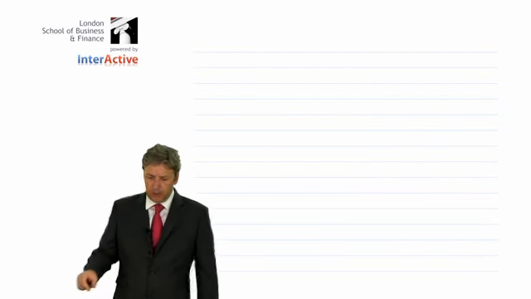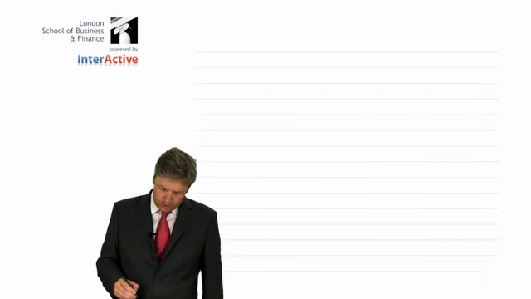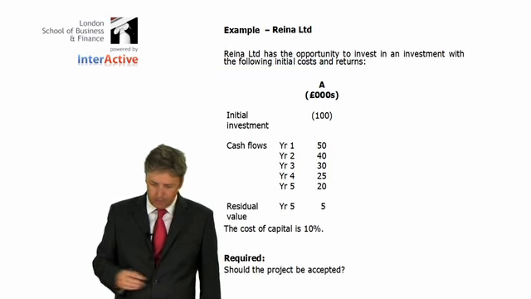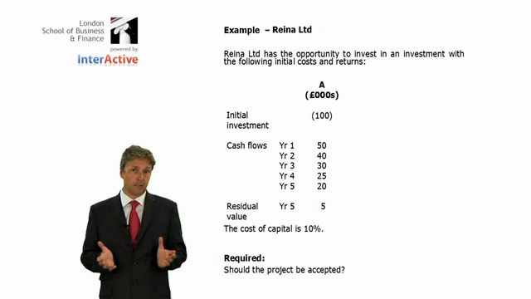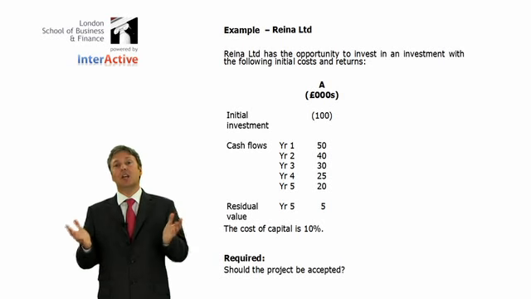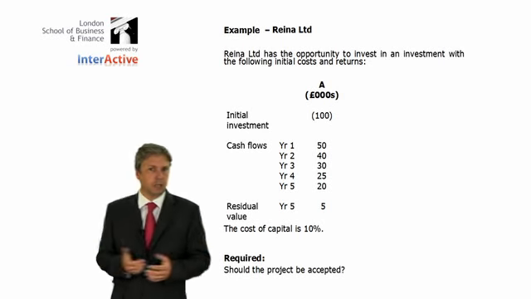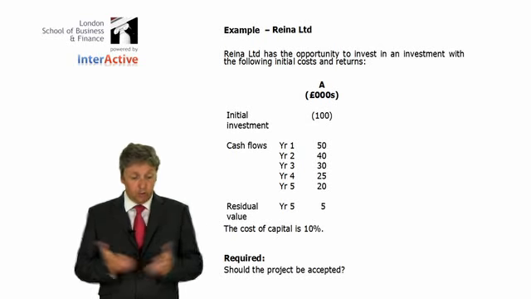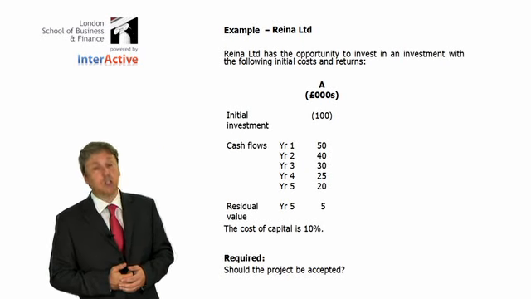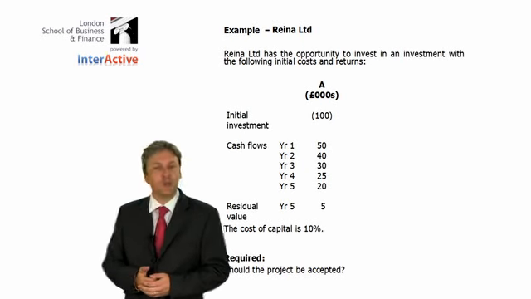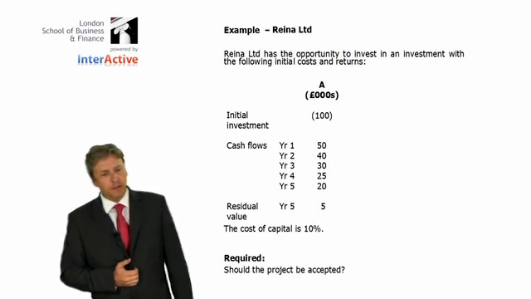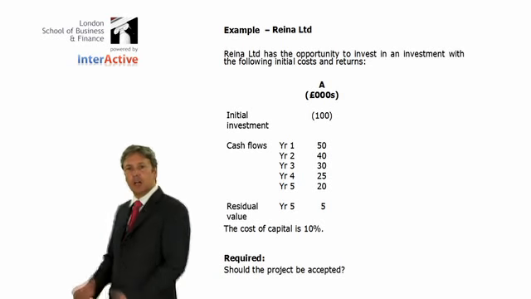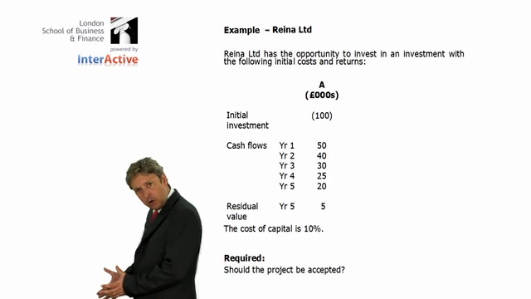Now, given that we're looking at them, I want to use the same example for a number of different questions that we're going to look at. I suppose this is a typical investment appraisal example. Rayner Limited has the opportunity to invest in an investment with the following costs and returns. So we have an initial investment of 100,000, and typically that occurs now.